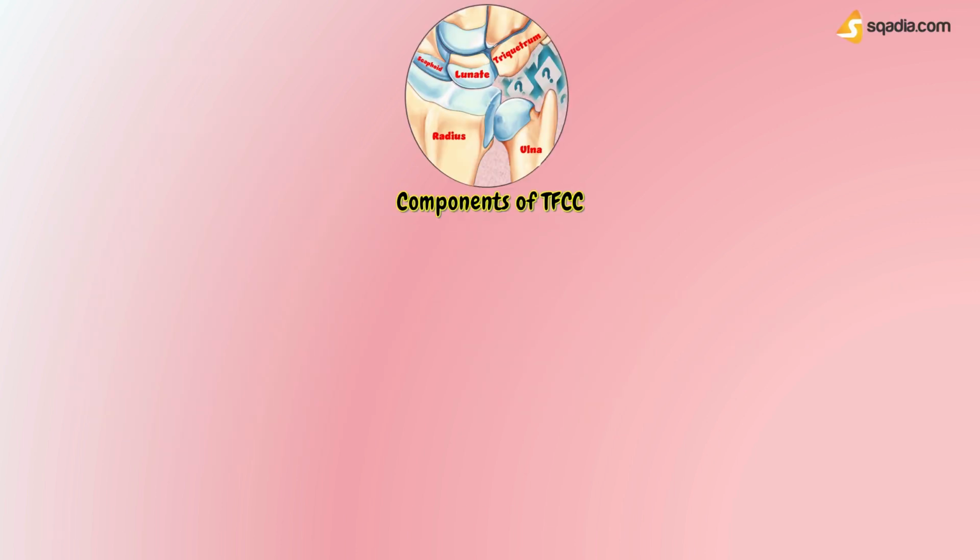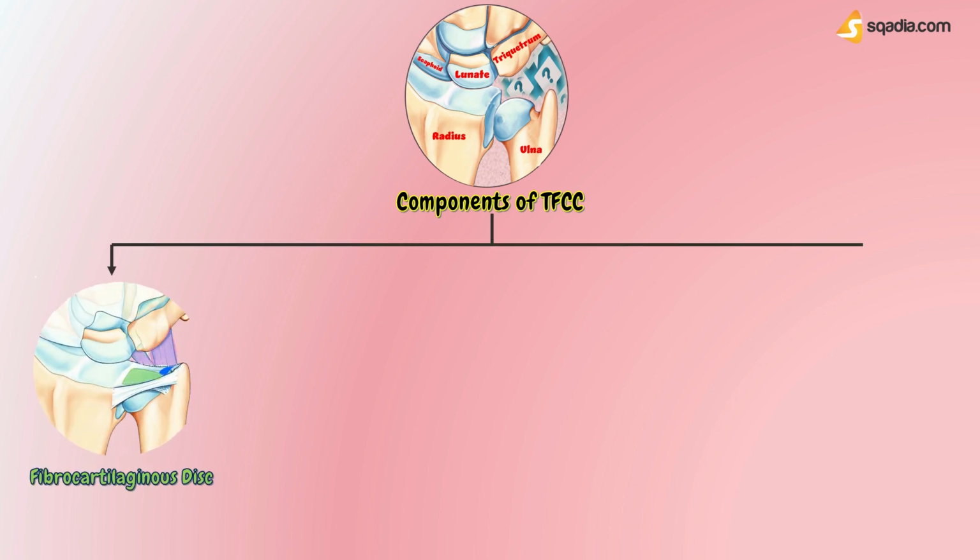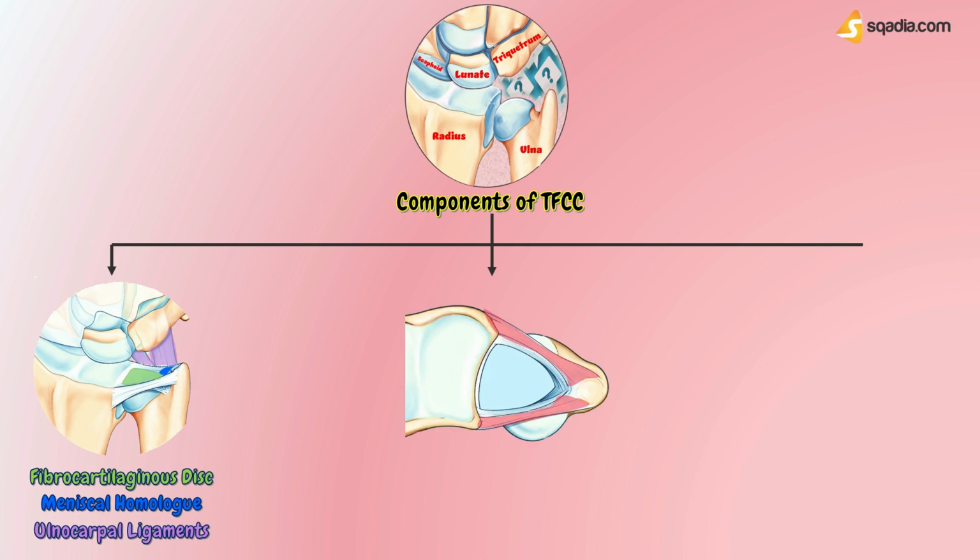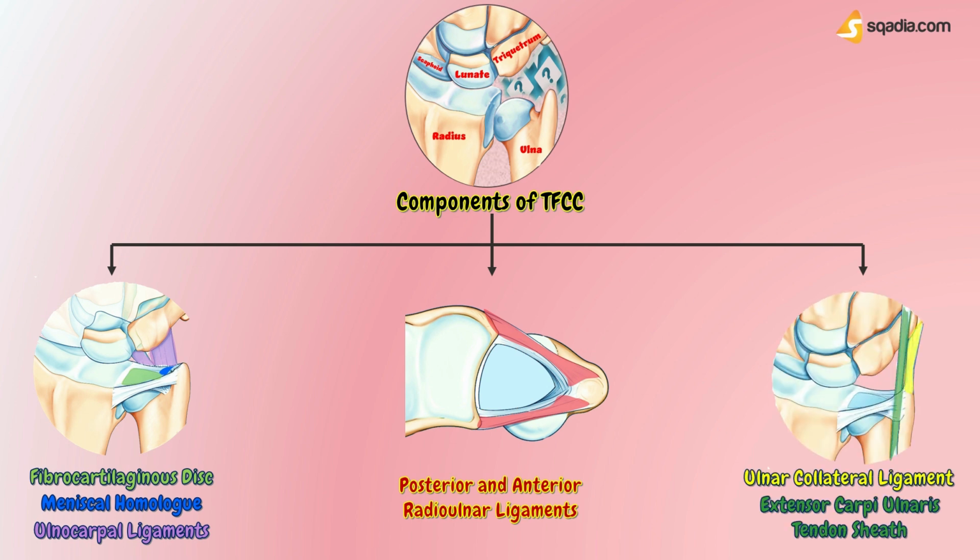The TFCC consists of the Fibrocartilaginous Disc and the Meniscal Homologue, the Ulnocarpal Ligaments on the volar aspect, the ulnolunate and the ulnotriquetral ligaments, the dorsal, posterior, and volar, anterior radioulnar ligaments, each with a superficial and deep part, the Ulnar Collateral Ligament, and the Extensor Carpi Ulnaris tendon sheath.